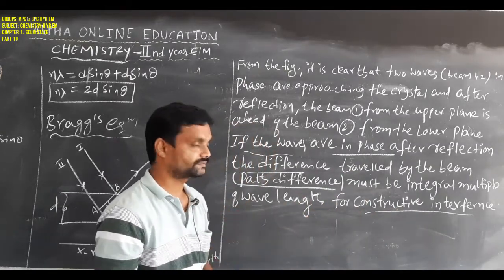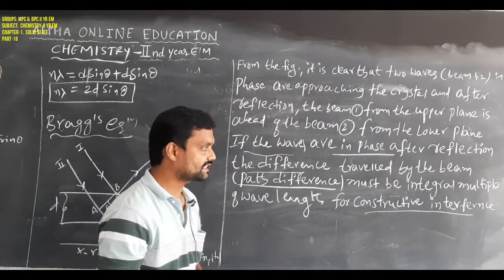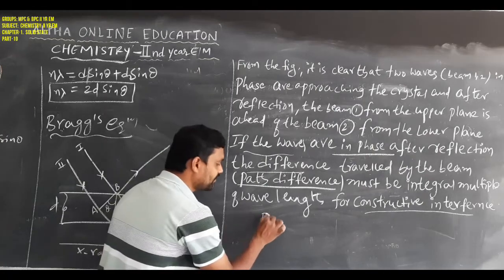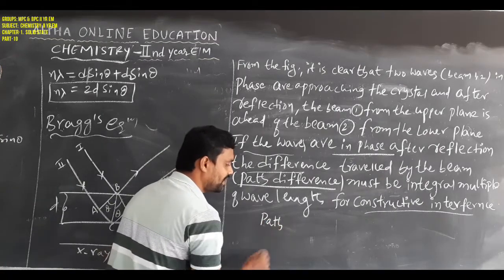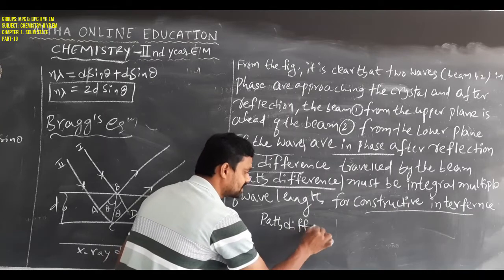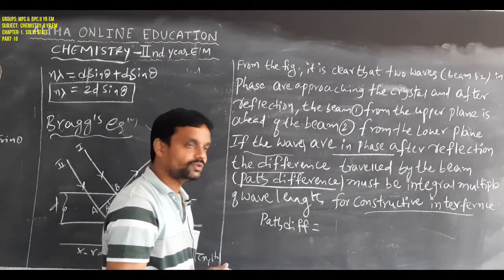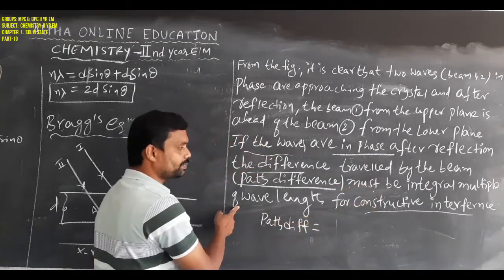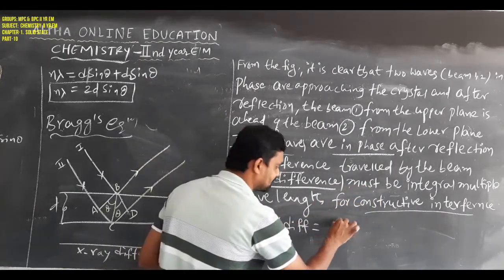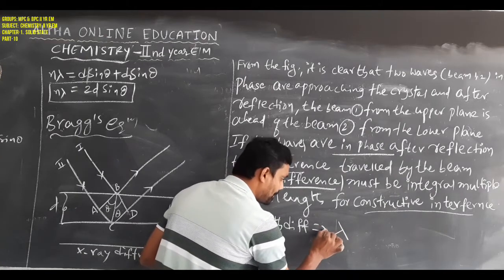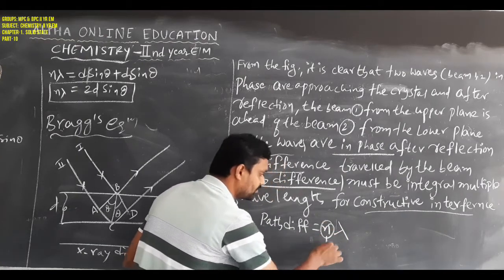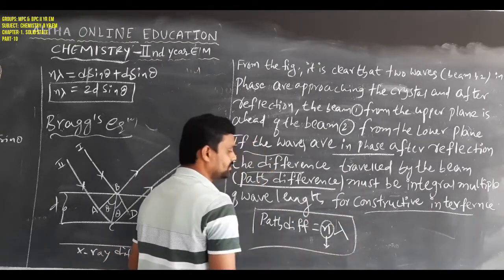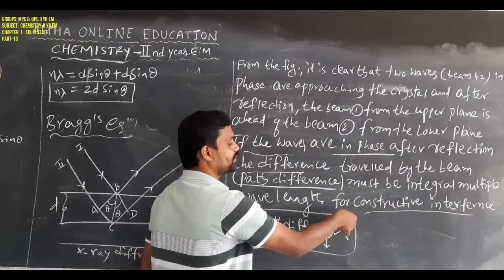Okay students, this is the concept. The path difference of the two waves must be an integral multiple of the beam wavelength. That means path difference is equal to an integral multiple of wavelength.